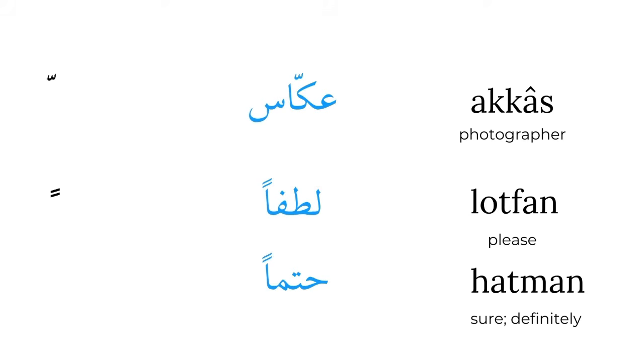The other one comes at the end of the word placed above an alef, and it makes it sound like a nun, an N sound. So the spelling looks like lotfa, but it's actually lotfan. And in the second example, it looks like hatma, but it's actually pronounced hatman.